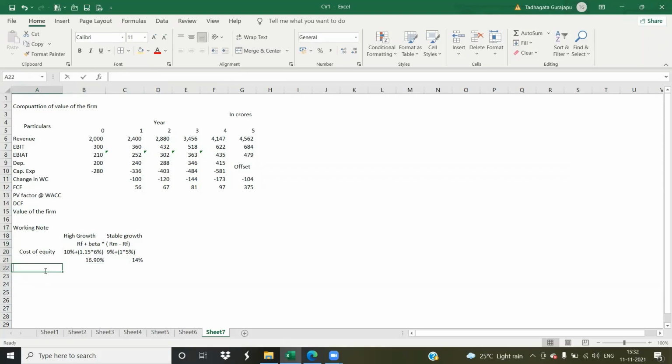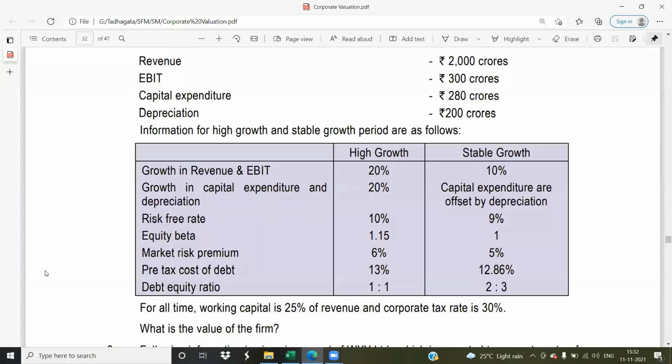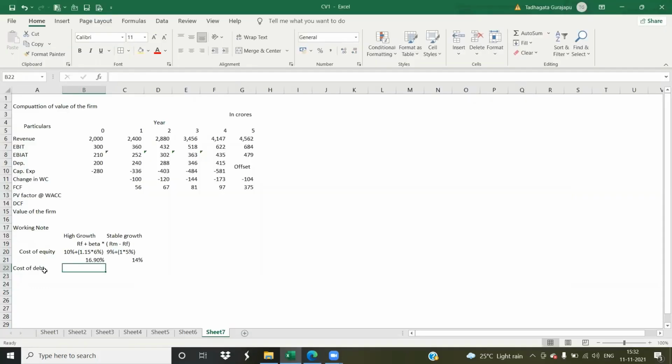Okay. Then cost of debt. That is pre-tax cost of debt into 1 minus tax rate. 13% into 1 minus 0.3. 12.86% into 1 minus 0.3.